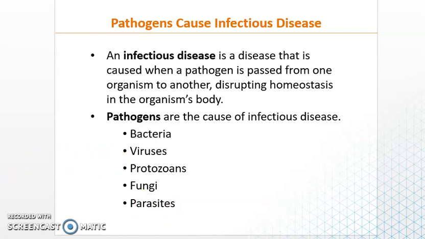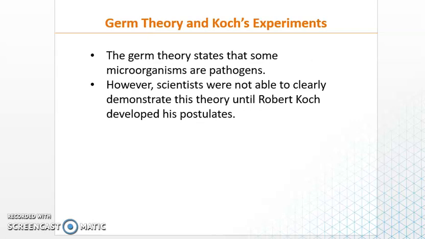Before discovering and building the microscope, scientists couldn't see microorganisms. They couldn't see bacteria or viruses or whatever. So they found that some diseases, when one person has it, can pass to others, and it starts to pass through the whole community.